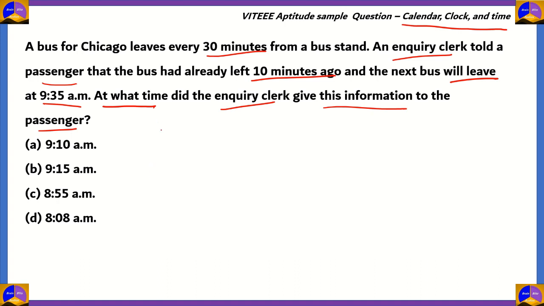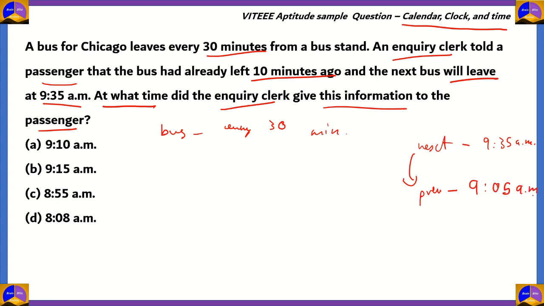So what we do know is that the bus leaves every 30 minutes. We also know that the next bus is at 9:35 a.m. So that means if you subtract 30 minutes, the previous bus must have left at 9:05 a.m. And we also know that the clerk told the passenger the bus had already left 10 minutes ago.